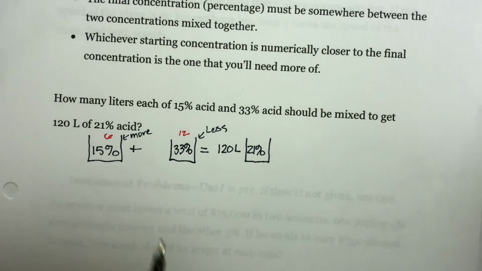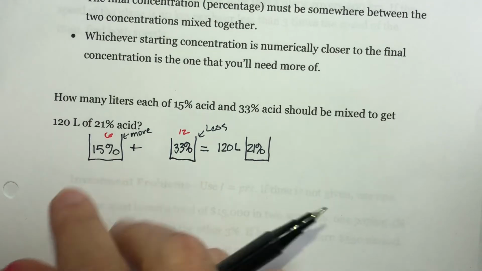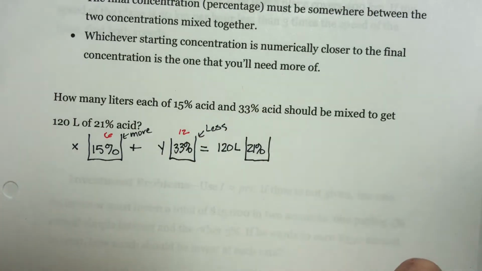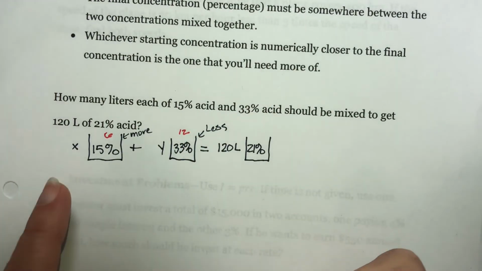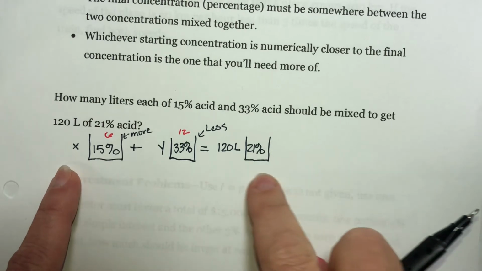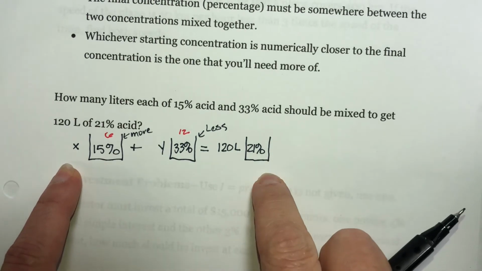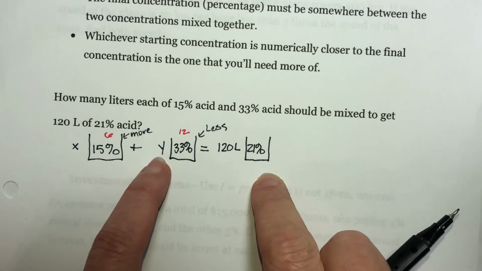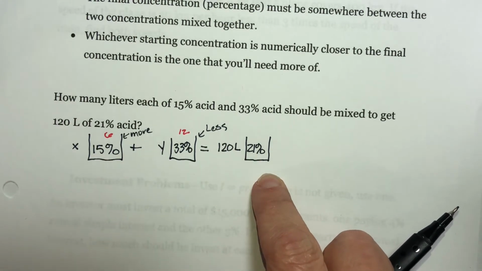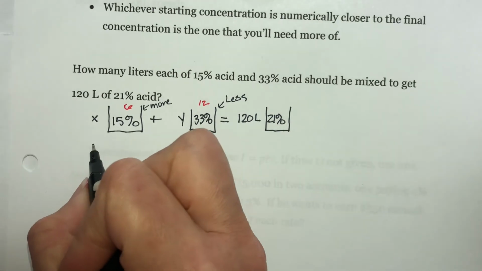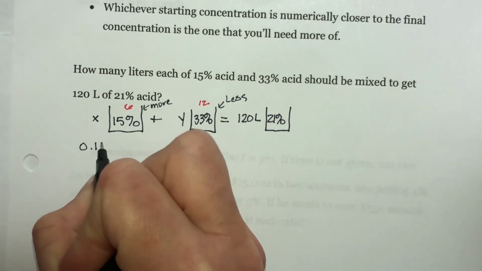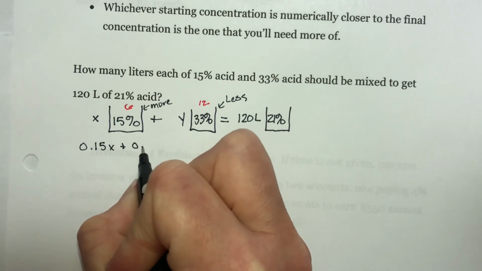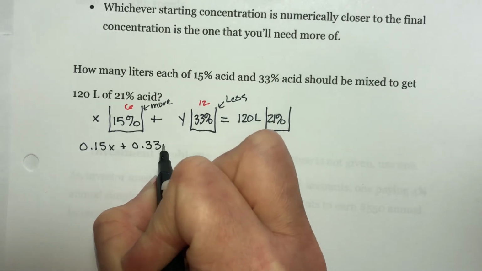Okay, now I need to know how much of each of these to mix together. Let's say I'm going to need X of this and Y of this. What we can do first is set up our general mixture problem equation, where we take percent times amount plus percent times amount equals percent times amount. So this will be 0.15x plus 0.33y.